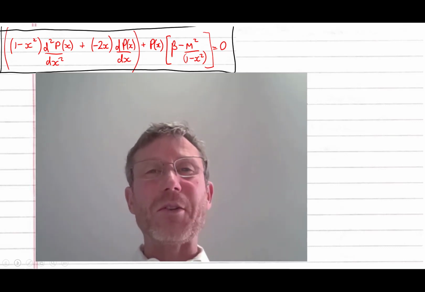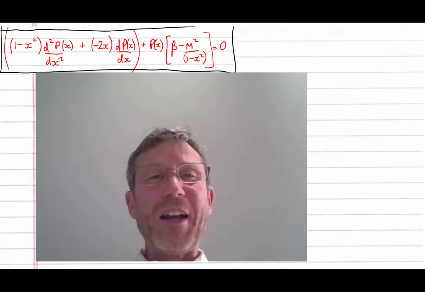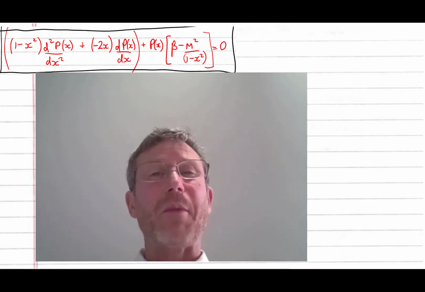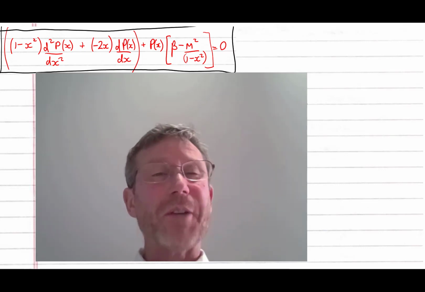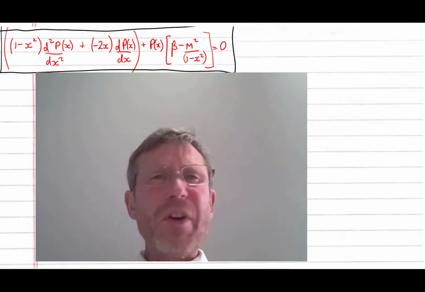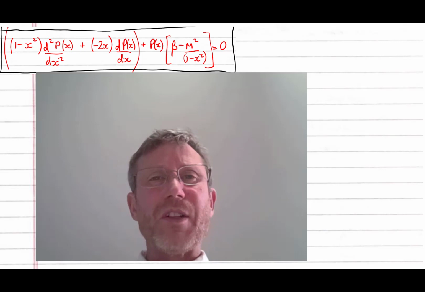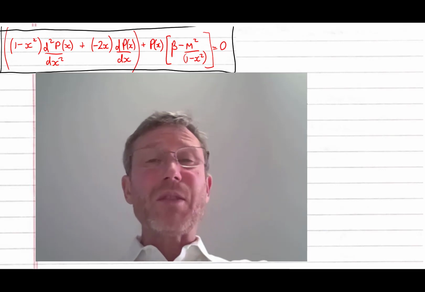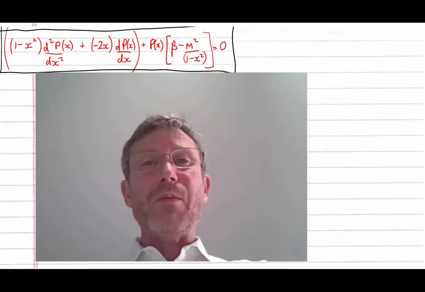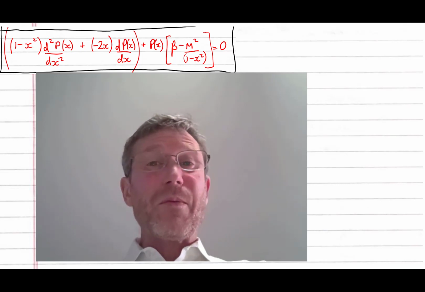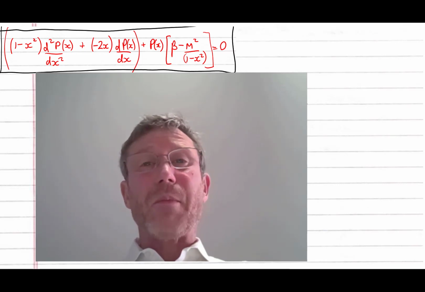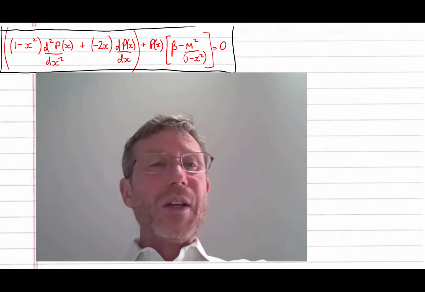We're continuing to look at quantum mechanics, and we're working at the moment on the rigid rotor. At this point, it also makes sense to think about why we're spending so much time with the rigid rotor. Well, we're moving towards the hydrogen atom. We know that the hydrogen atom is going to be very well described using spherical coordinates.